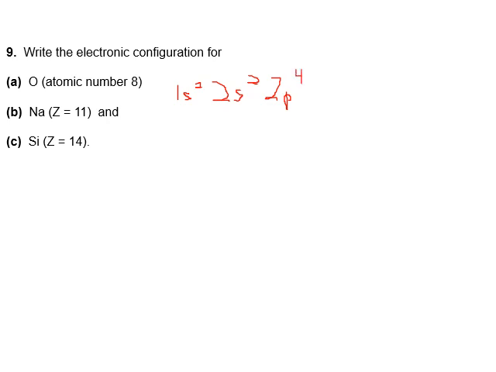If you look at the chart, which obviously I can't access right now, your 1s1 would be hydrogen, 1s2 would be helium, 2s1 would be lithium, 2s2 would be beryllium, and then 2p1 would be boron, 2p2 would be carbon, 2p3 would be nitrogen, and 2p4 would be oxygen. Fluorine would be 2p5, and then neon would be 2p6.